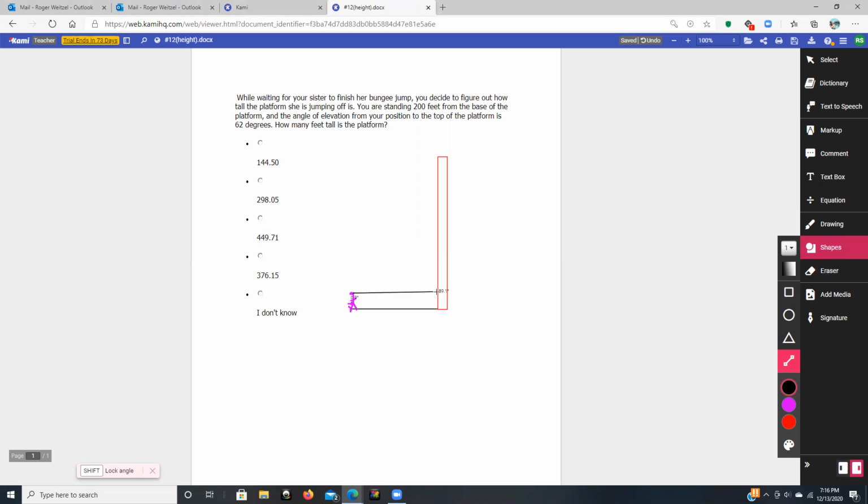So your line of sight, I guess we're going to have to add your height to that. I don't think they were asking for that in the problem. But just practically speaking, they're talking about this angle, and they're saying that the angle is 62 degrees.